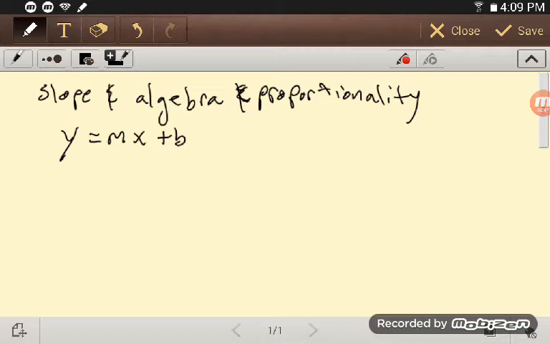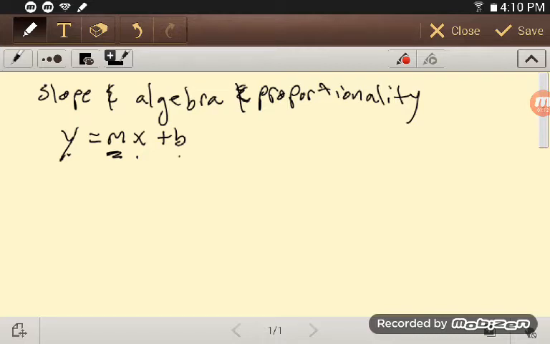Now we're going to get to this more complex relationship in the next module, but we'll mention it just a little bit here, in that the m is what we call our slope, or the rate of change of y with respect to x there. And then b is a constant that is what we call the y-intercept.